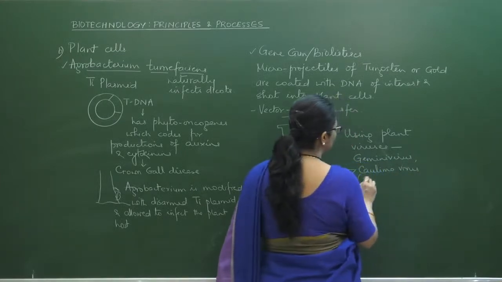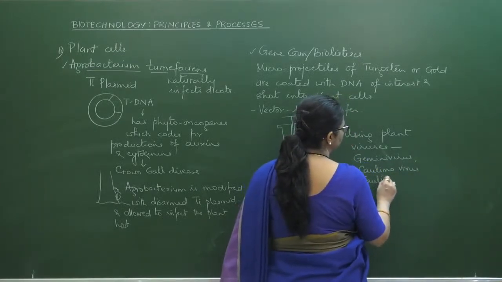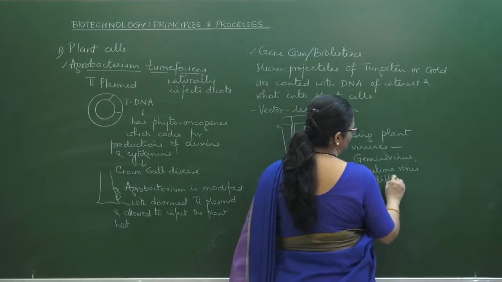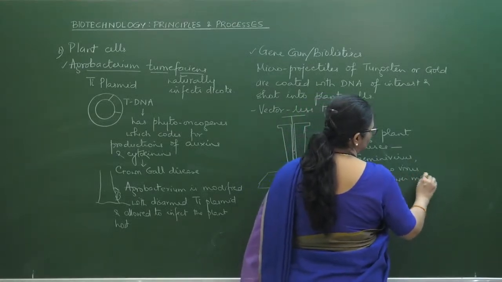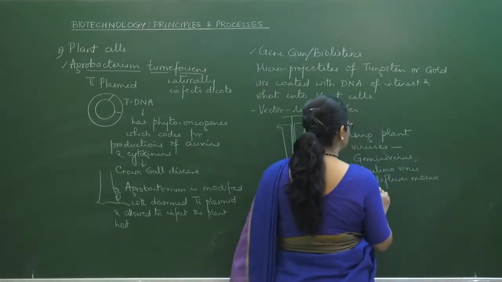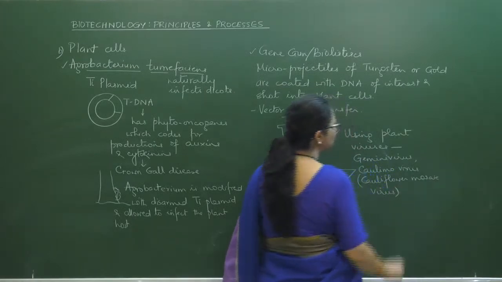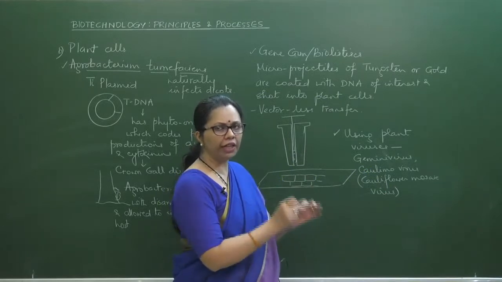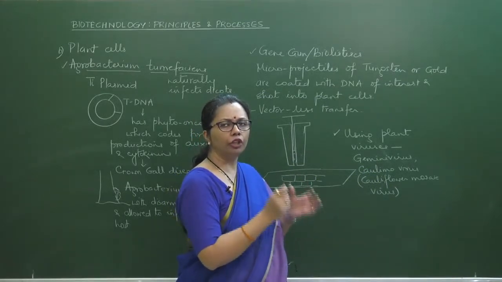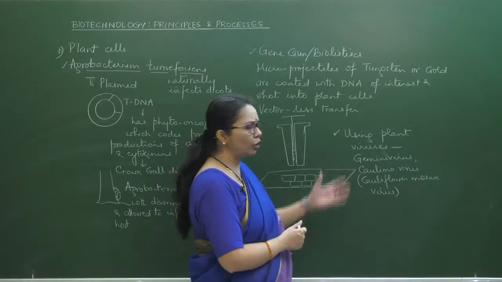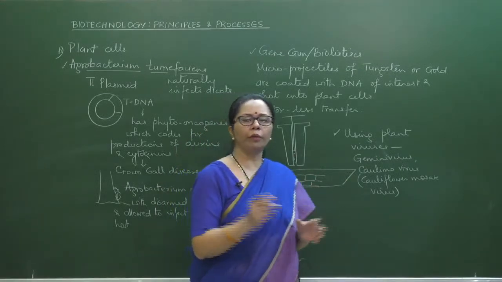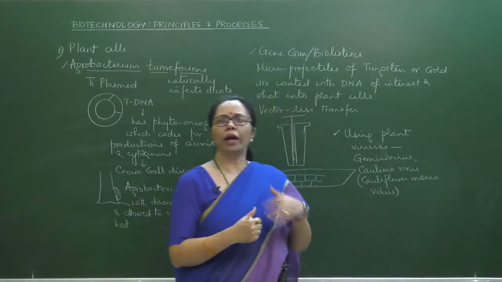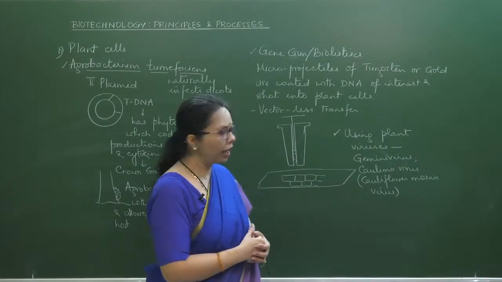This one is otherwise also called cauliflower mosaic virus. This is there because viruses also have the ability to integrate their DNA with the host DNA. So these are also being worked upon, but the most common method, as I said, is agrobacterium, and the next one of course is gene gun.